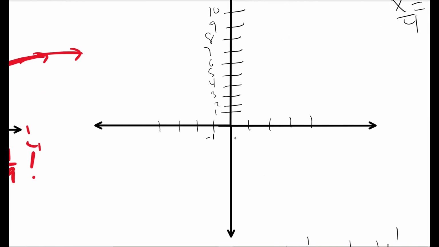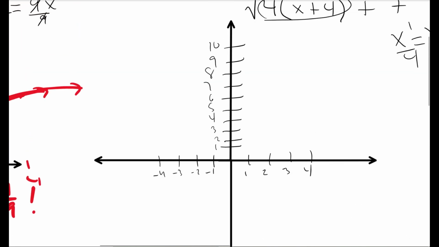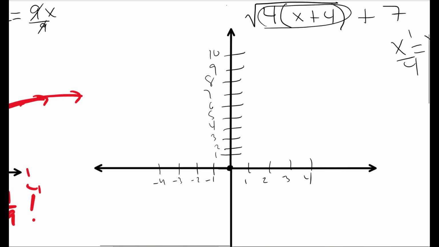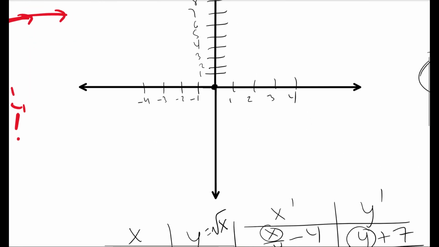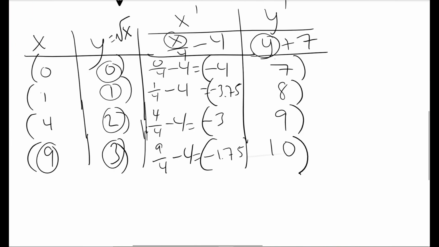All right, let's go ahead and label these. Okay, so we have here, when x is 0, y is 0. When x is 1, y, or I'm sorry, I'm looking at the wrong coordinates. Sorry about that, guys. Here, let me get rid of that. Looking at the left side. I want to look at the right side here.